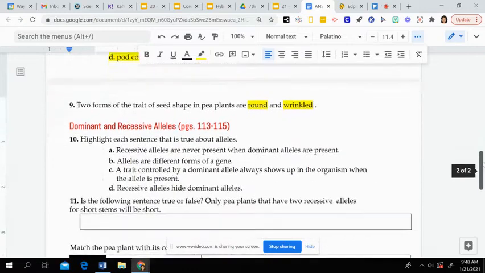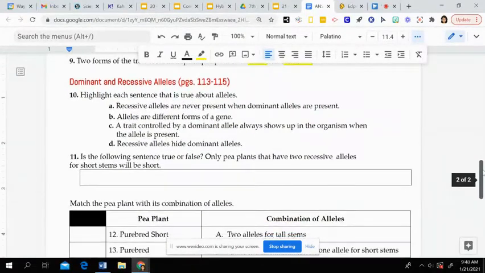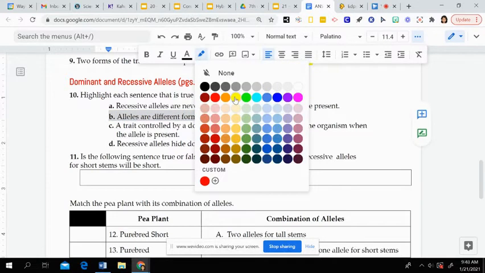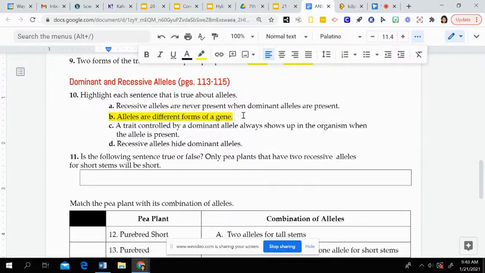Moving on to dominant and recessive alleles. You are highlighting each sentence that is true about the alleles. So alleles are considered different forms of a gene. The trait that is controlled by a dominant allele always shows up in the organism when the allele is present.